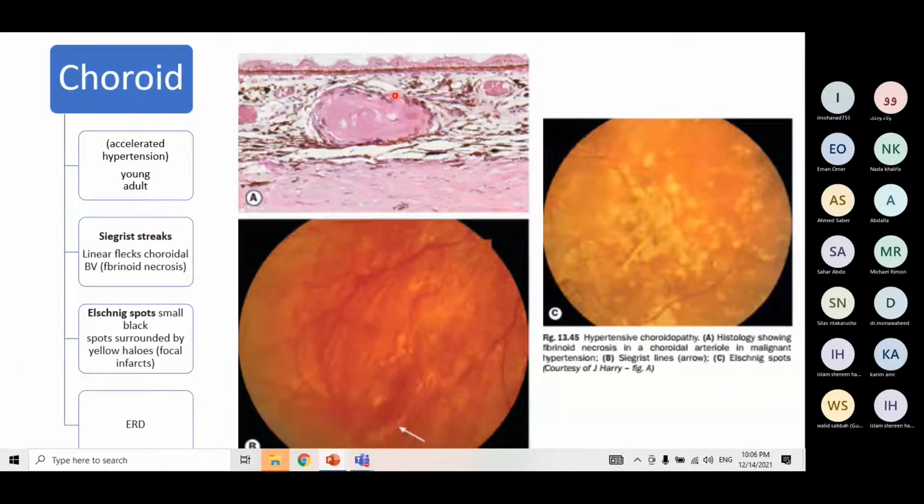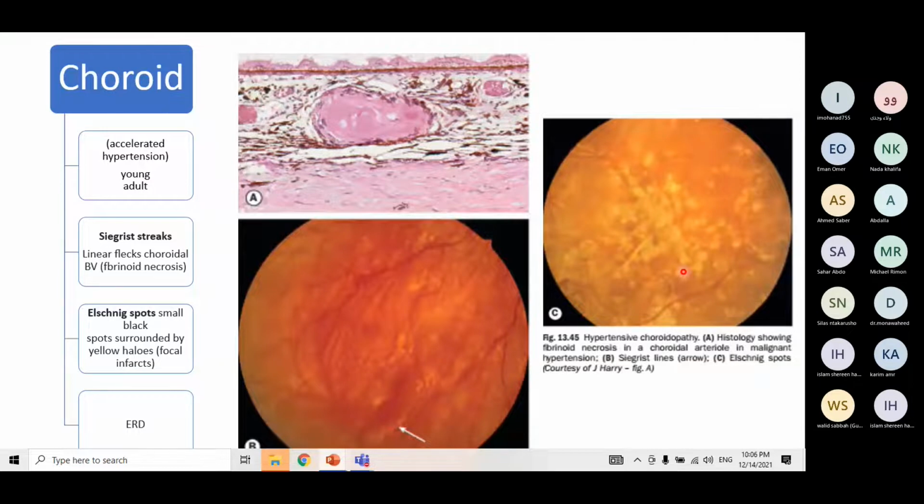So in the histology, it looks like eosinophilic material in the choroid, and it comes in the form either of streaks affecting a choroidal blood vessel, or a spot like that, what's called the Siegrist streak or Elschnig spot. You need to know those things when you are looking at the fundus of those patients, okay?